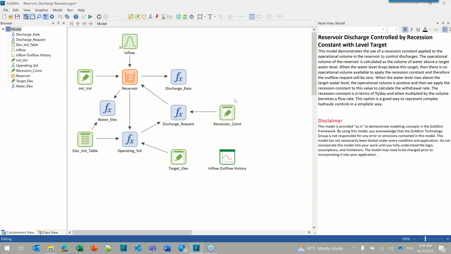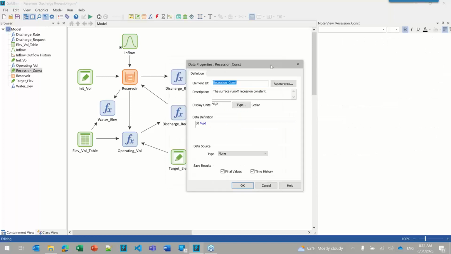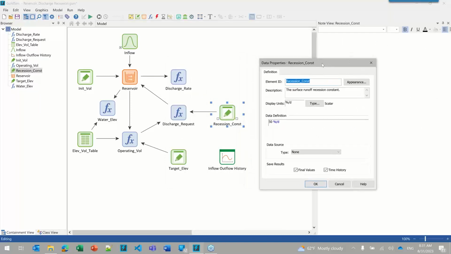Based on that, I then apply a recession constant to that value to calculate an outflow. The recession constant is a unitless rate over time, or in this case, percent over time. And what it means is, of the volume of water that's above our target, how much of that do we want to try to remove?